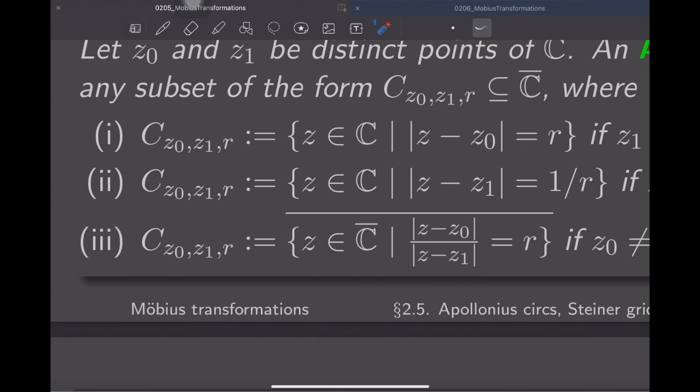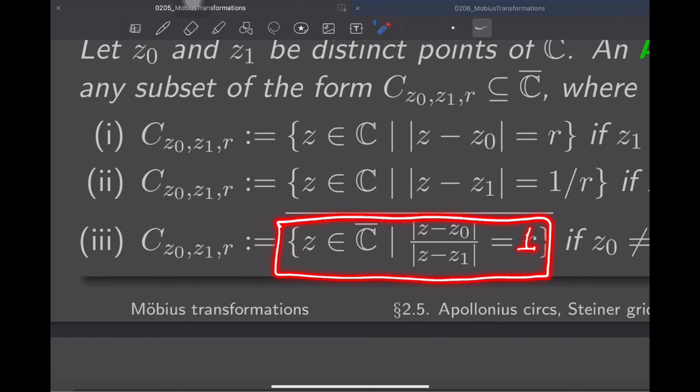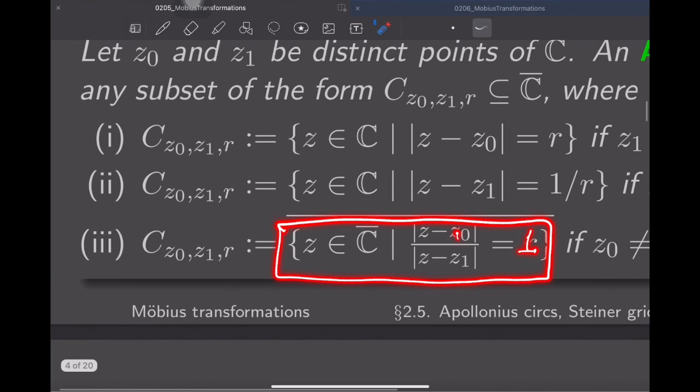And notice that in the special case where I have R equal to 1, again ignoring that topological closure, just taking into account the set, this geometric locus is the mediatrix of the two points, because it's the set of points z that have equal Euclidean distance to both points.